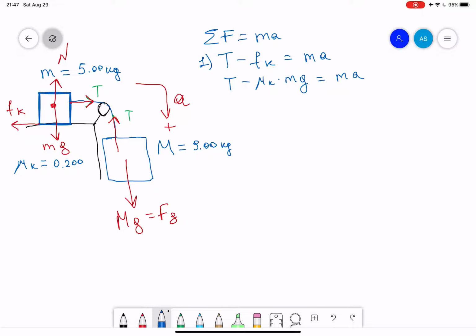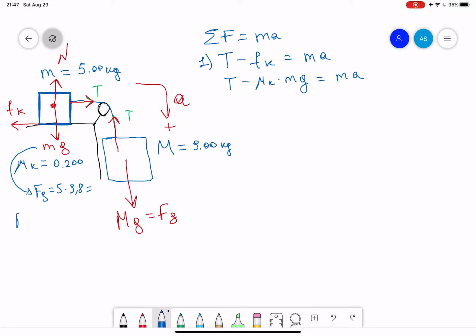Now, before moving on, let's find the weight of the small box. The mass of the small box multiplied by 9.8: 5 multiplied by 9.8 is 49 newtons.